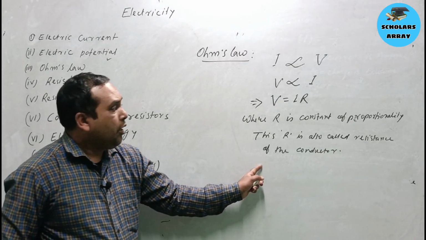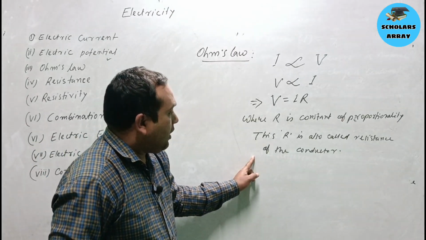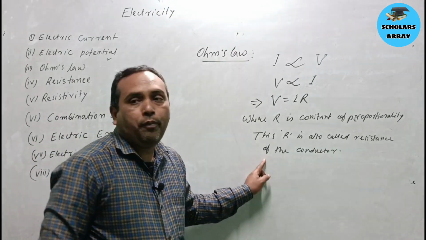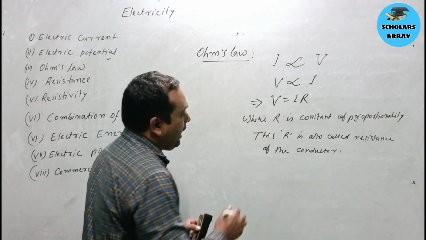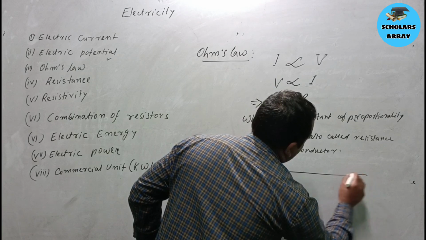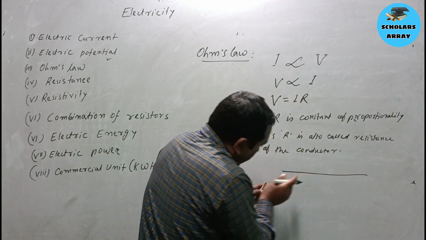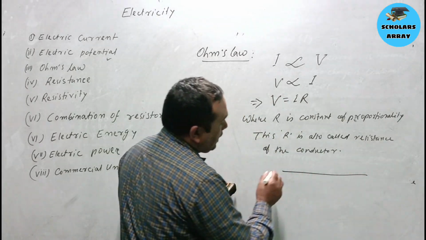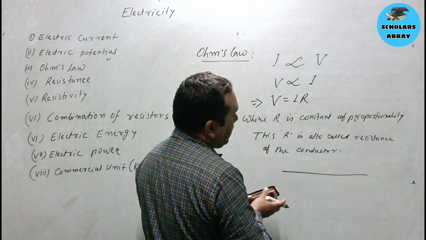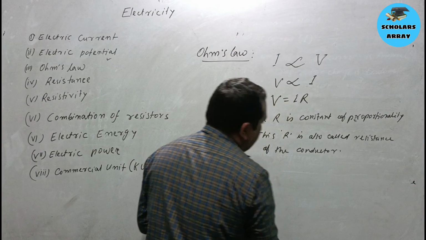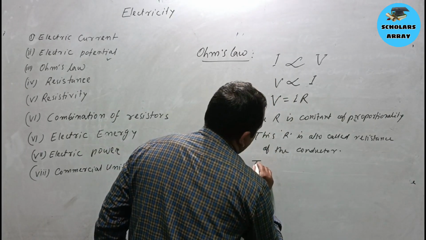Resistance is a property which opposes the flow of electric charge through a conductor. So resistance opposes the flow of charge through this conductor. That is resistance.